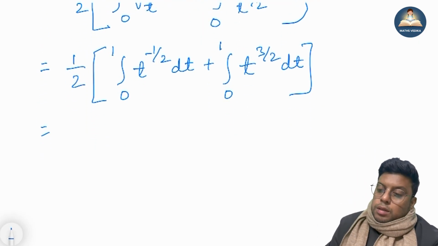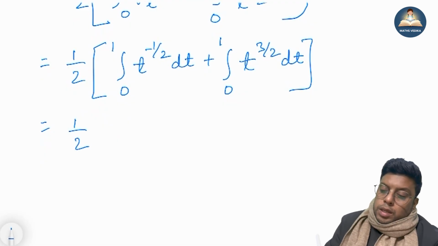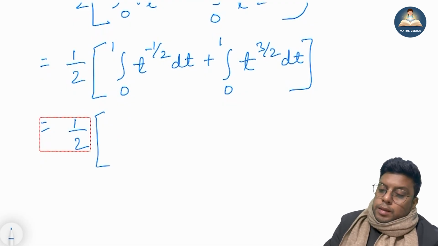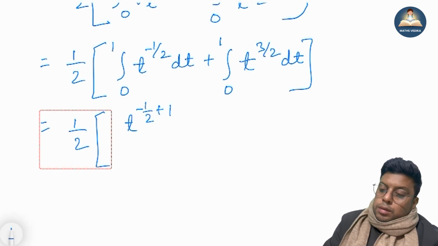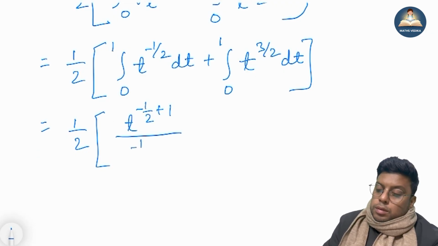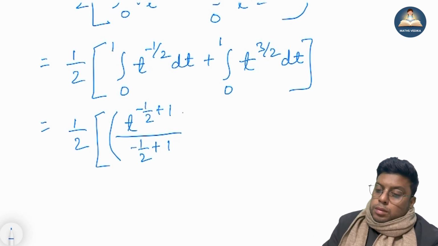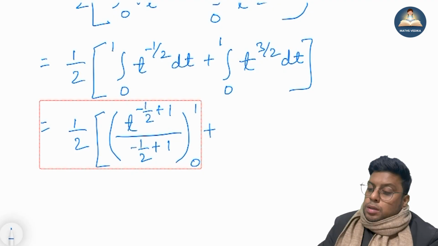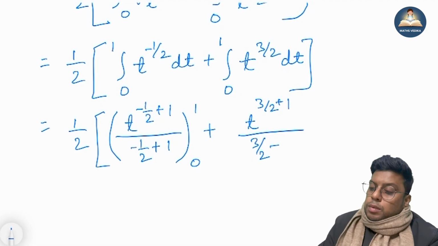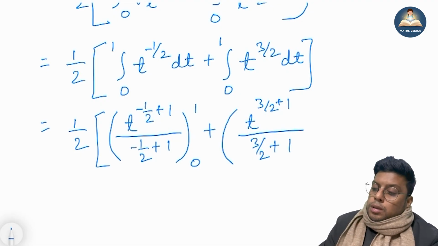So now this is equal to 1 by 2, from 0 to 1, t to the power 1 by 2... plus t to the power 3 by 2 plus 1 divided by 3 by 2 plus 1, this also from 0 to 1.